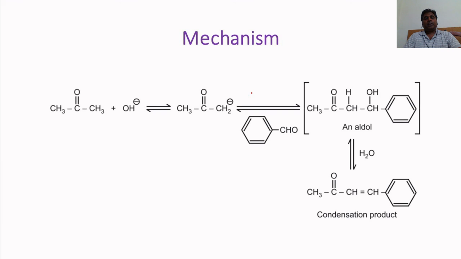Now this enolate ion once again will attack the carbonyl carbon of benzaldehyde, and finally the other steps will be the protonation of the alkoxide anion formed, which will ultimately lose one molecule of water to give a condensation product. In this case, it will be benzylidene acetone.